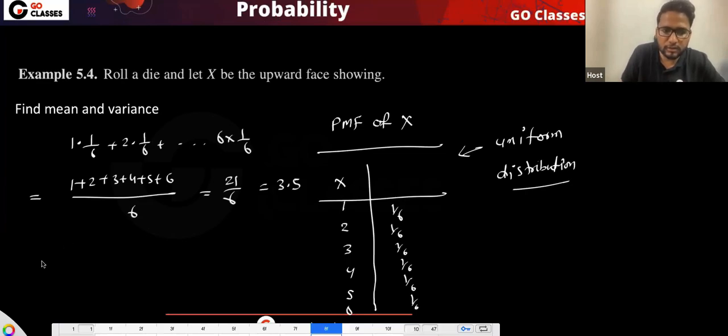Can you calculate the variance? I think you can also calculate the variance, which will be 1 square into 1 by 6 and so on. This is your mean. Let me go to the next page to calculate the variance.